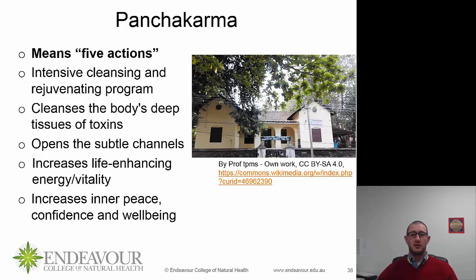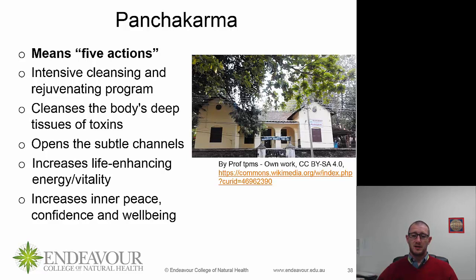So a full course of Panchakarma is understood to completely balance the doshas. So it's designed to mobilize toxins to stimulate them to be released from the tissue, to move into the bloodstream, and thence to the gastrointestinal tract, and then to be excreted through the body that way.